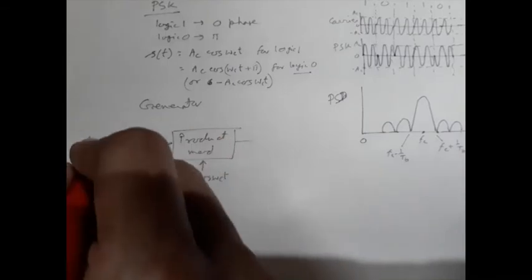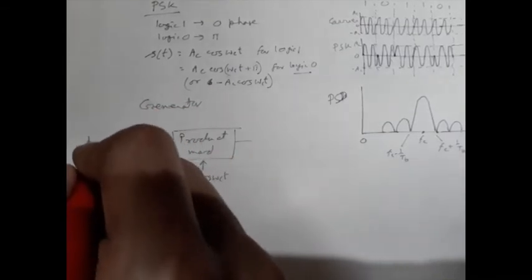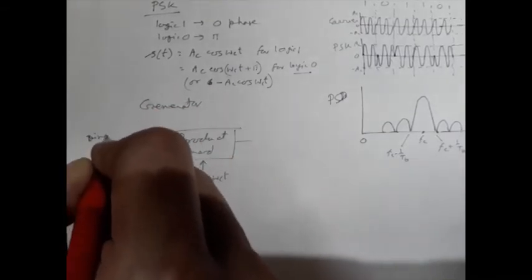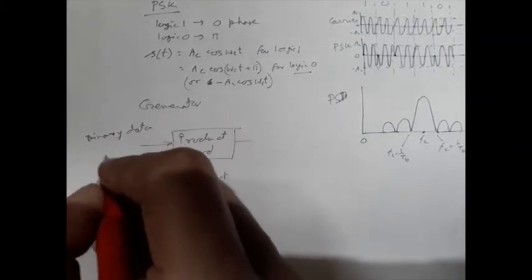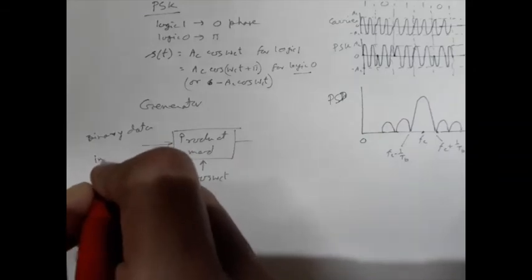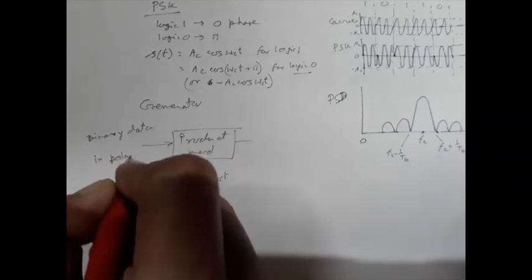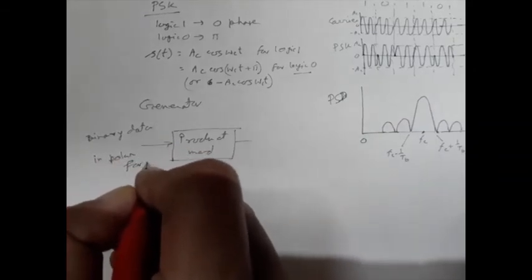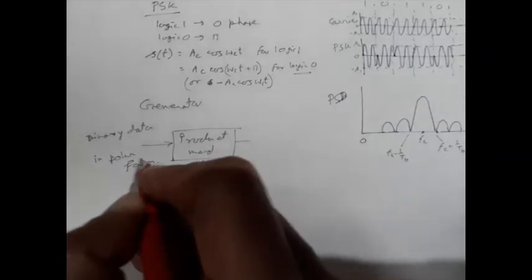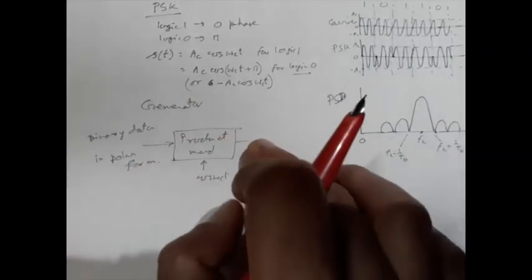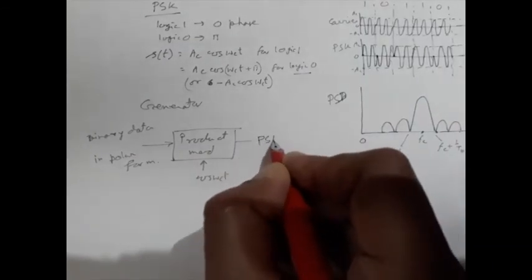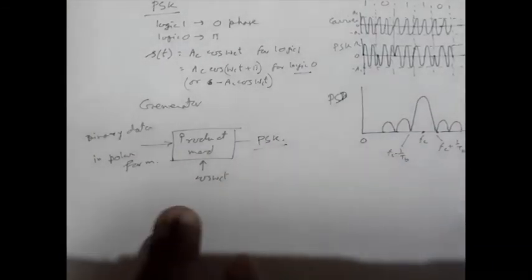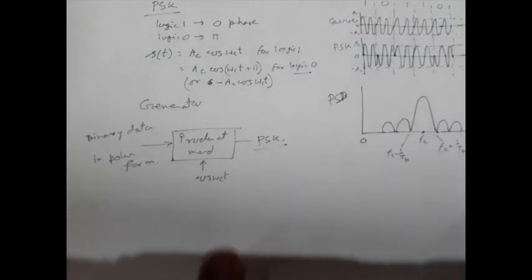Here we have the other input, binary data, but the condition is that it is in polar form. So if it is unipolar form, we will get ASK. If it is polar form, then we will get the PSK. So this is how we can generate the PSK signal.